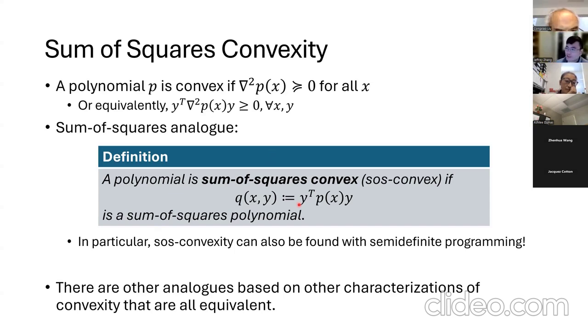For example, there's a characterization that comes from the first order condition. You can make one out of the Cholesky condition, and then you can make one out of the geometric definition of convexity. They all give other ways of writing down a definition of sum of squares convexity that all end up being equivalent.